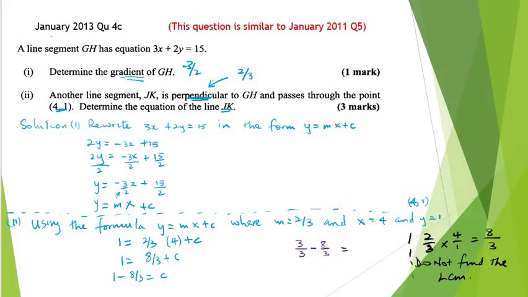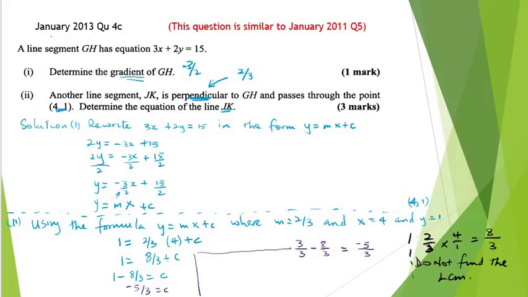Since the denominators are the same, I can just work with the numerators: 3 minus 8 is negative 5, so negative 5 on 3 is equal to c.